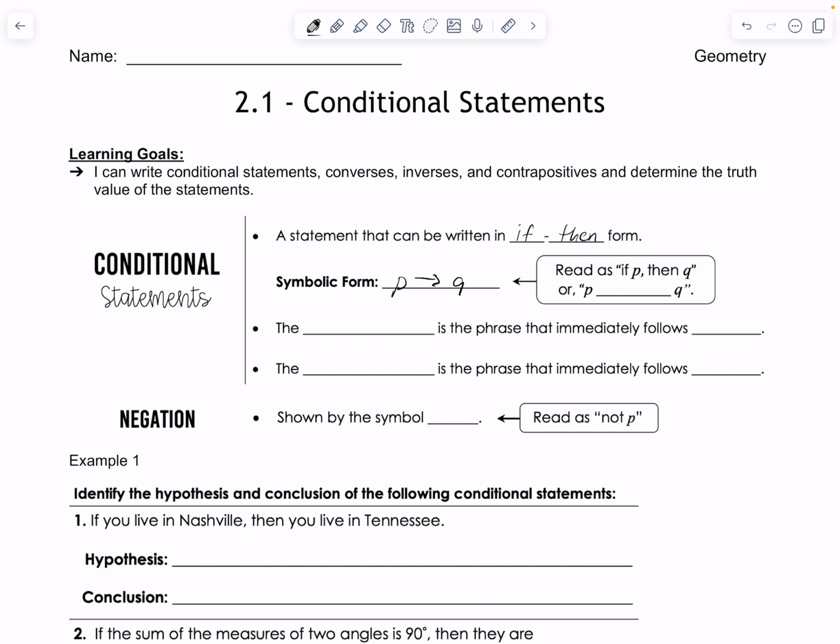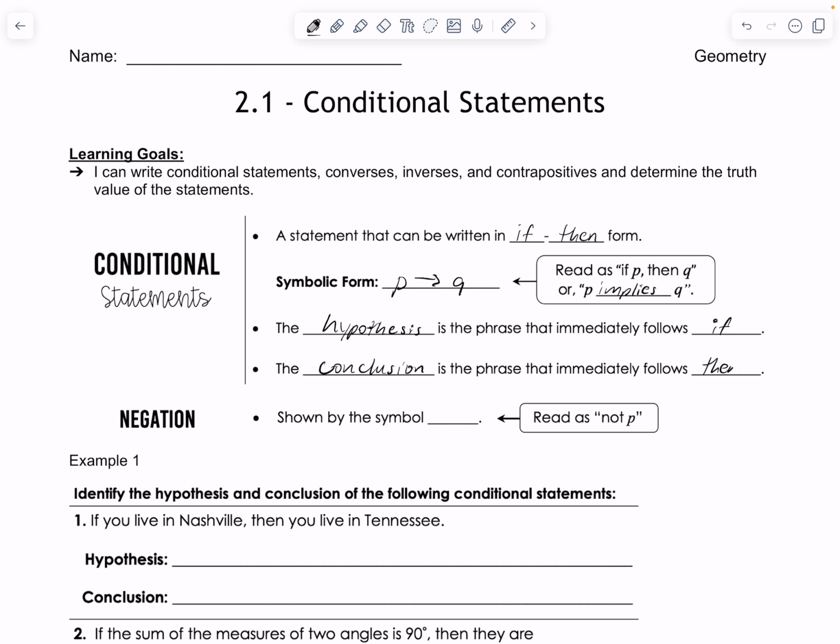Whenever we make a conditional statement, we have a hypothesis. This is going to be the phrase immediately following if, and then the conclusion, which is the phrase that immediately follows then. We use the P to represent the hypothesis and the Q to represent the conclusion.